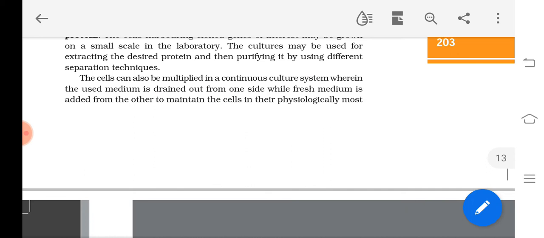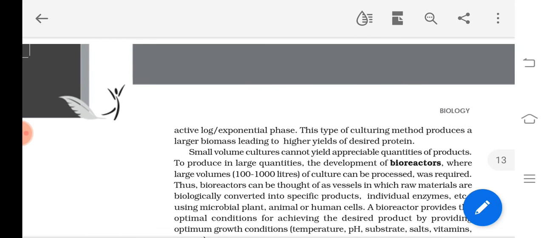So like this we can maintain a continuous culture system, where the used medium can be removed from one side and fresh medium can be added, so that what? The cells will be in their optimum conditions, that is in the active log or exponential phase, means their multiplication will always be very fast. Okay, so their number should be more, then only we will get the desired amount of product.